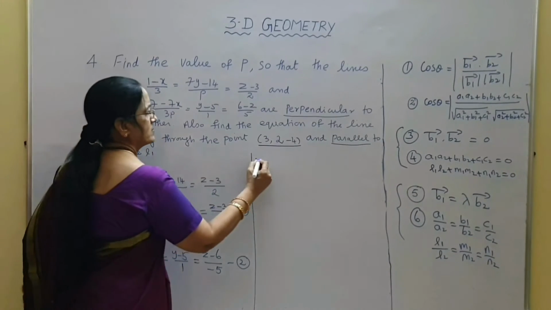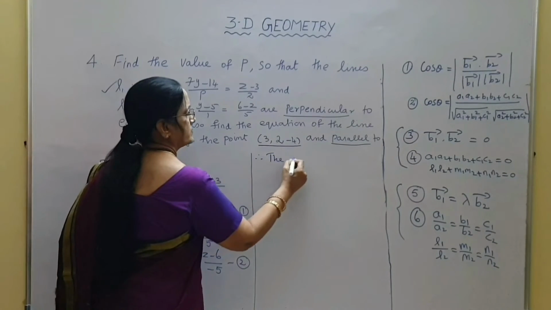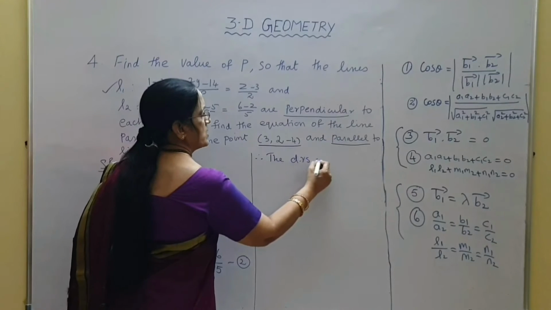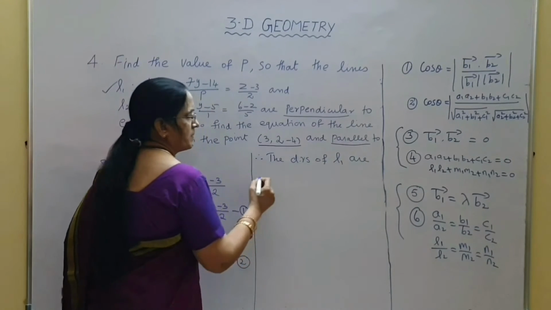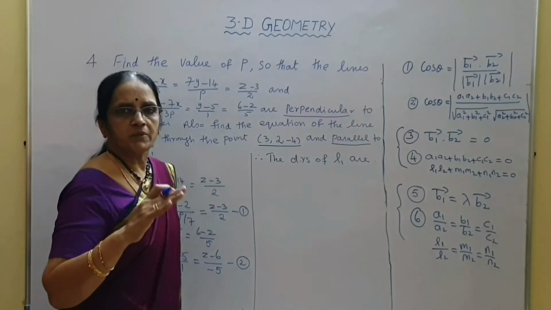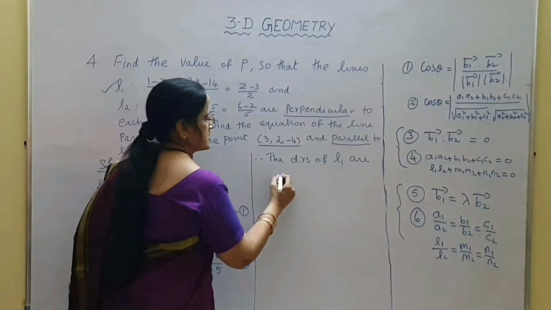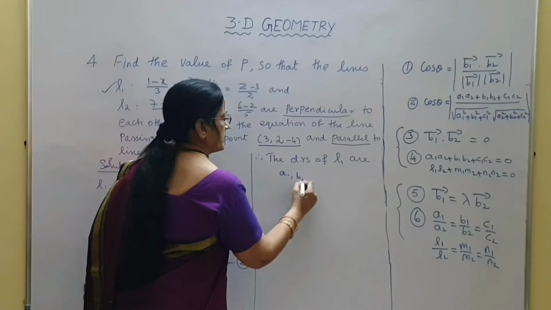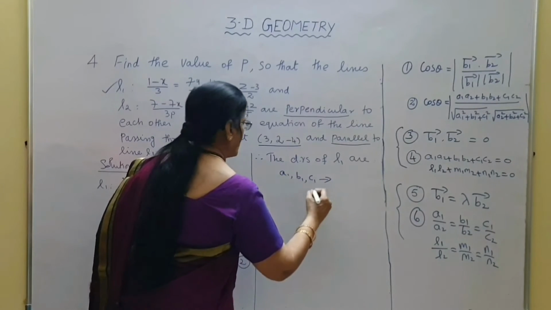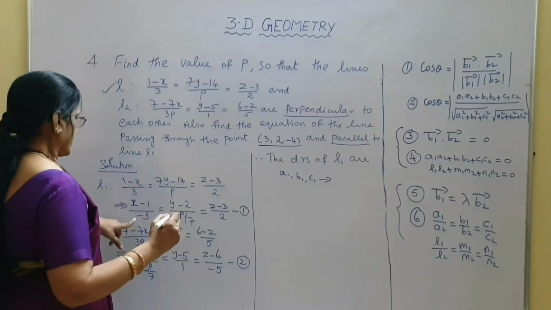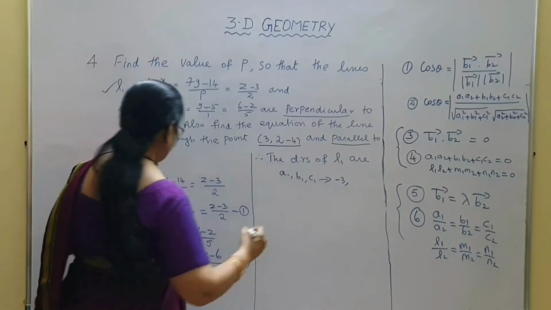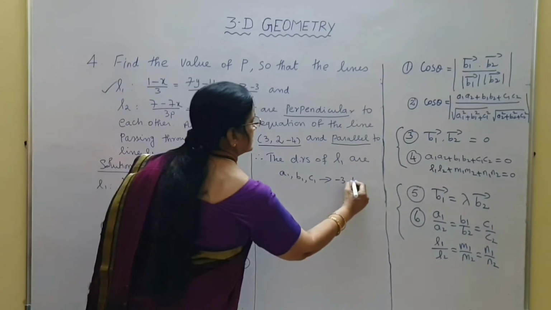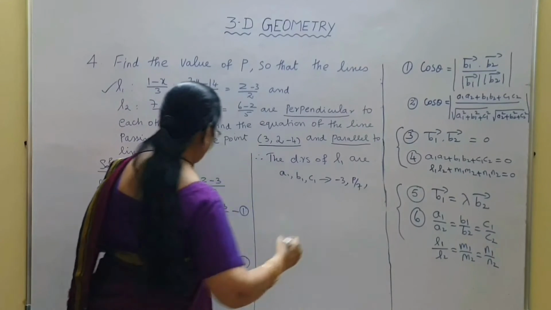So therefore, the DRs, direction ratios of L1, normally for the first line we take it as A1, B1, C1. So let me write it here as A1, B1, C1, nothing but minus 3p by 7, 1, 2.